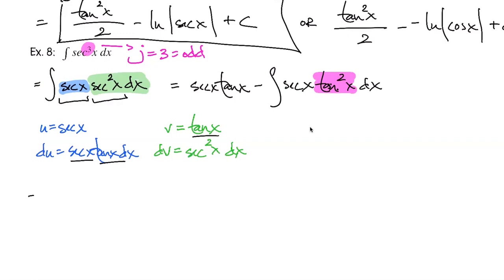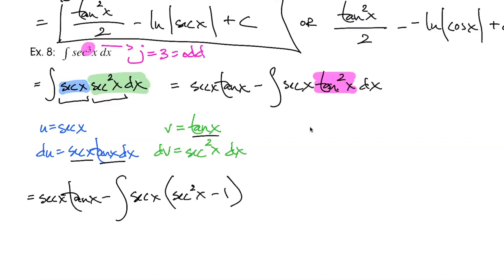And so we're going to get secant tangent minus the integral of secant x times secant squared minus 1 dx. And I'm going to go ahead and distribute here.